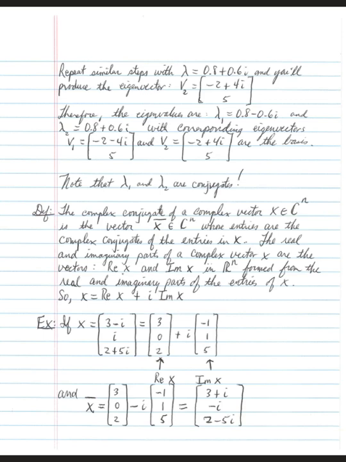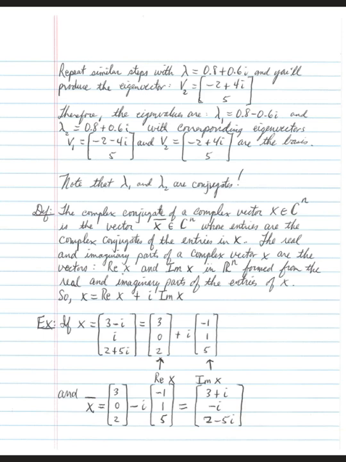The real and imaginary parts of a complex vector x are the vectors, and we're going to call the notation Re x, the real part of vector x, and Im x, the imaginary part of vector x, in Rn formed from the real and imaginary parts of the entries of vector x. So your vector x will have a real part and an imaginary part. The imaginary part will have an i stuck to it.